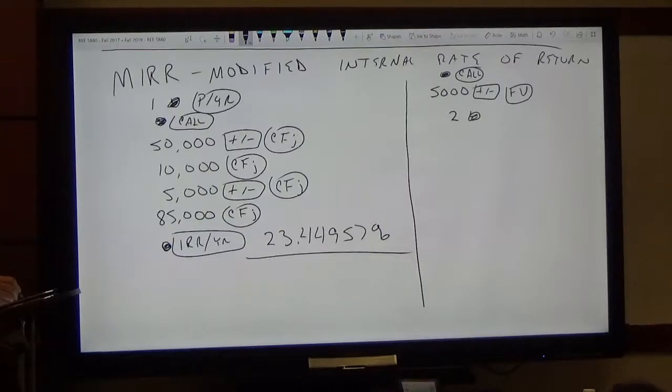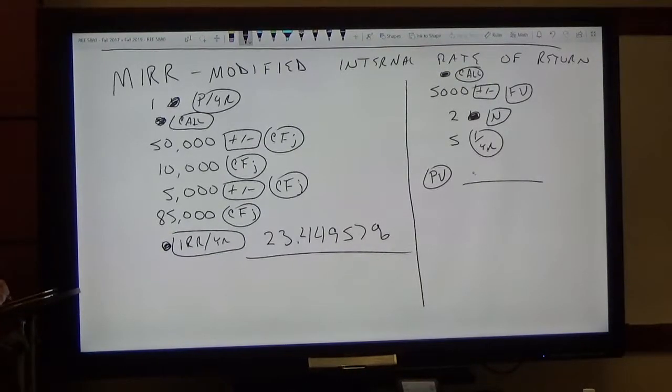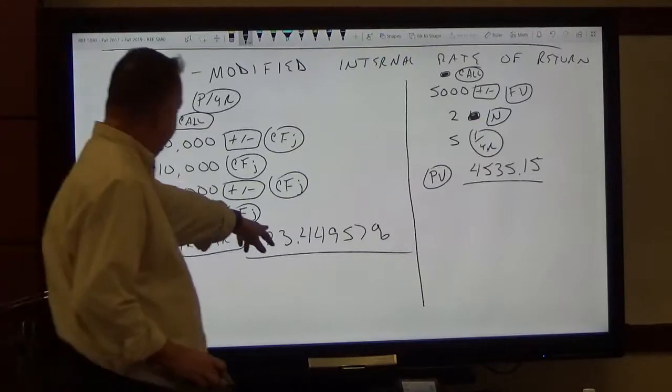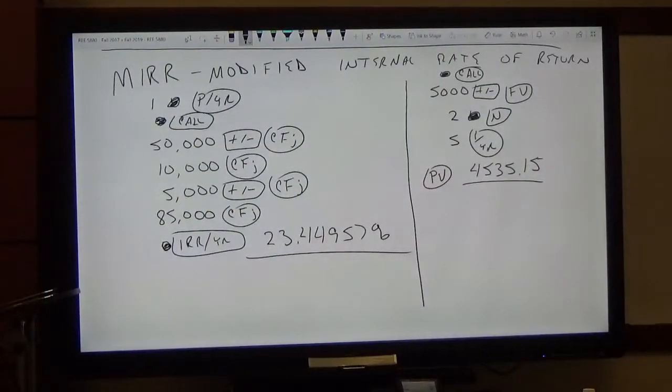It's being discounted back 2 periods at a 5% finance rate or discount rate, and so we're solving for what is its present value. Okay. And so what you get is the 45, 35, 15. Okay, and you see that number with that 5% finance rate matches up to this.